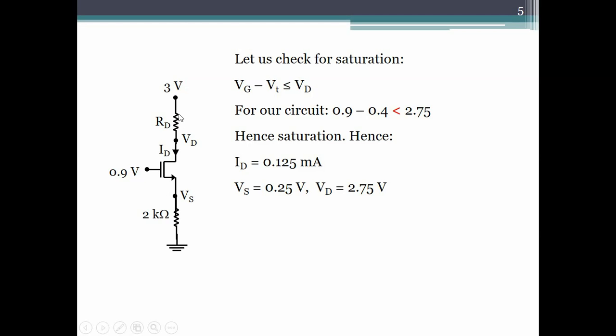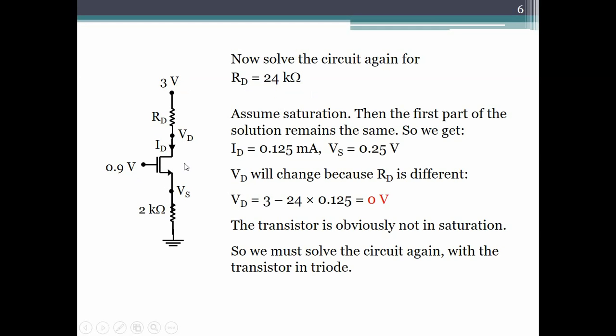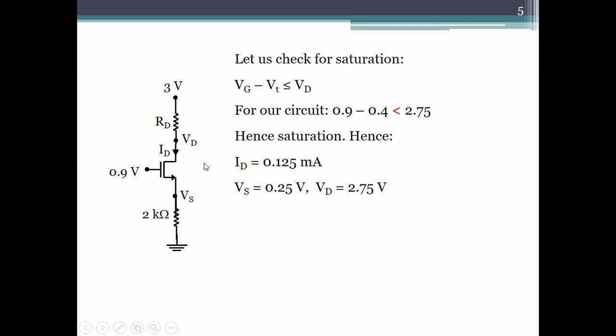But if we put RD, as long as the transistor stays in saturation, we keep increasing RD. As long as the transistor is in saturation, the drain current does not change. Of course, this is a property of the fact that the saturation current is independent of the drain voltage. Now let us think about what happens as we increase RD.